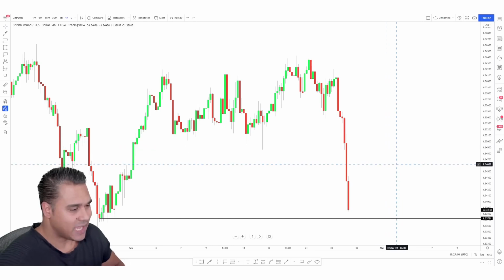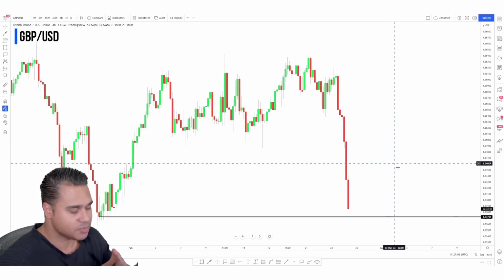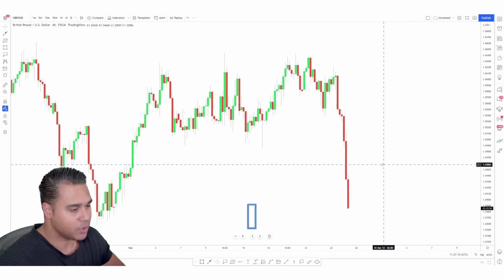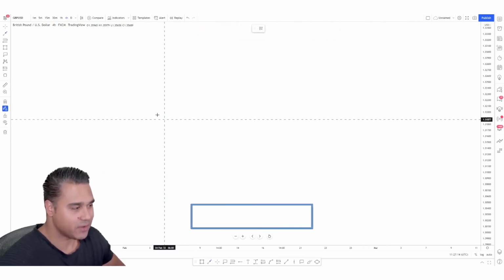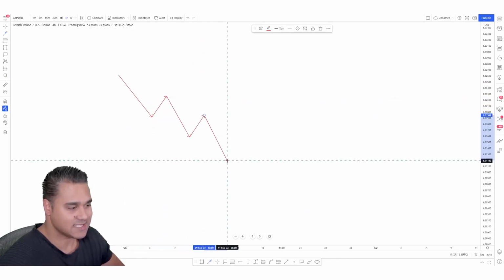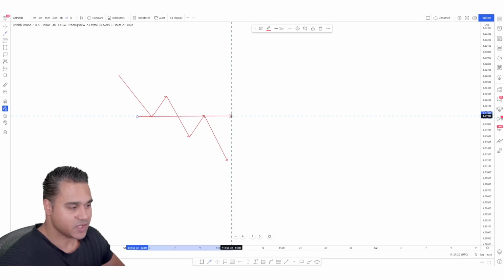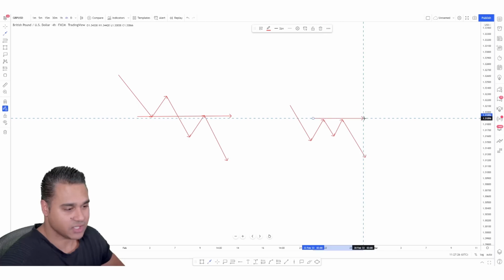So traders, we're looking at GBPUSD here on the 4H time frame, and as part of the strategy, what I really want to go over here is how simple trading can be. Now there are many strategies out there that require price to break structures, to then look for retests and then continuations. There are strategies that require you to look for significant repeatable patterns to then take trades.